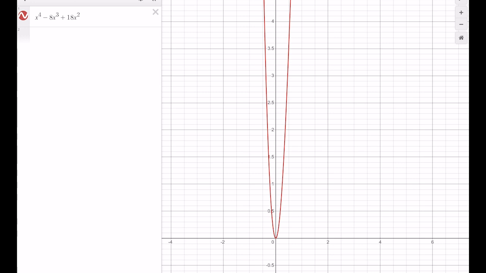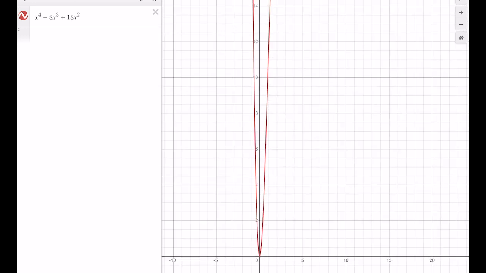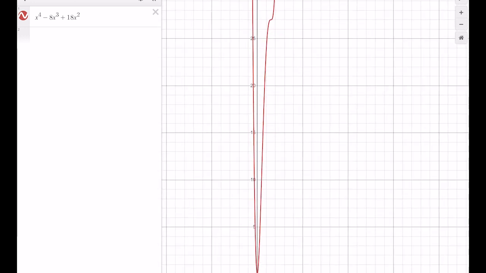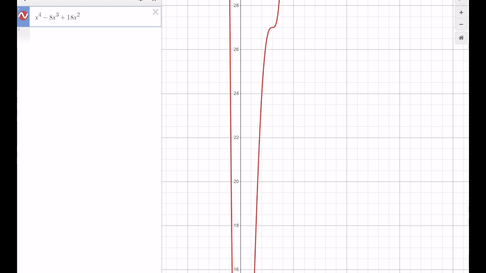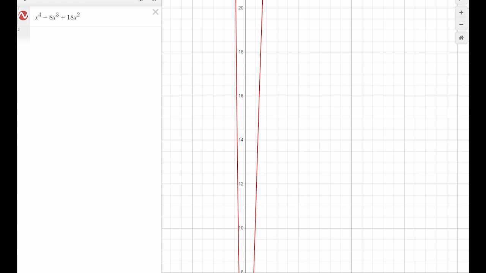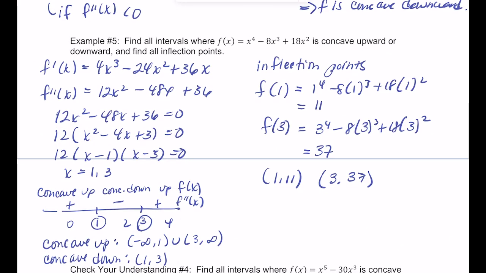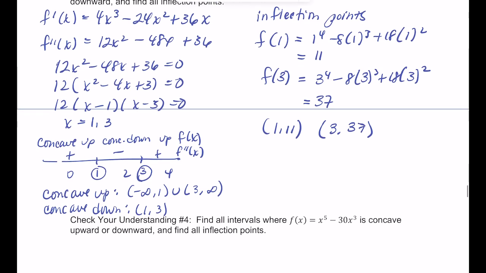And then it's going to be concave downward from 1 to 3. And it's kind of hard to see on here. But you can see how right there is like 3, and it's kind of hard to get to that point. And then over here is as it gets closer and closer to 1, -1 rather. So the graph is not very helpful. That's not a good graph to look at, but you get the idea.